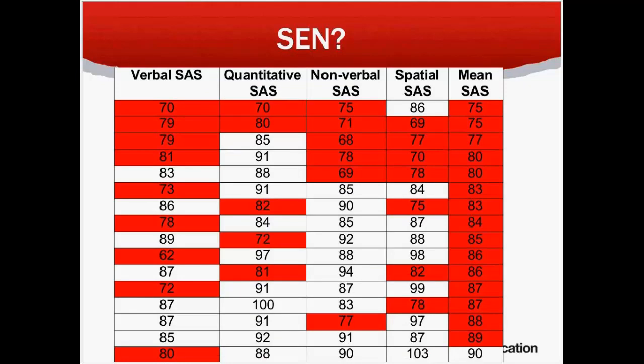Again, a mean score of below 89 is an indication that there's a weakness there that we may need to delve deeper into and do further investigative assessments.